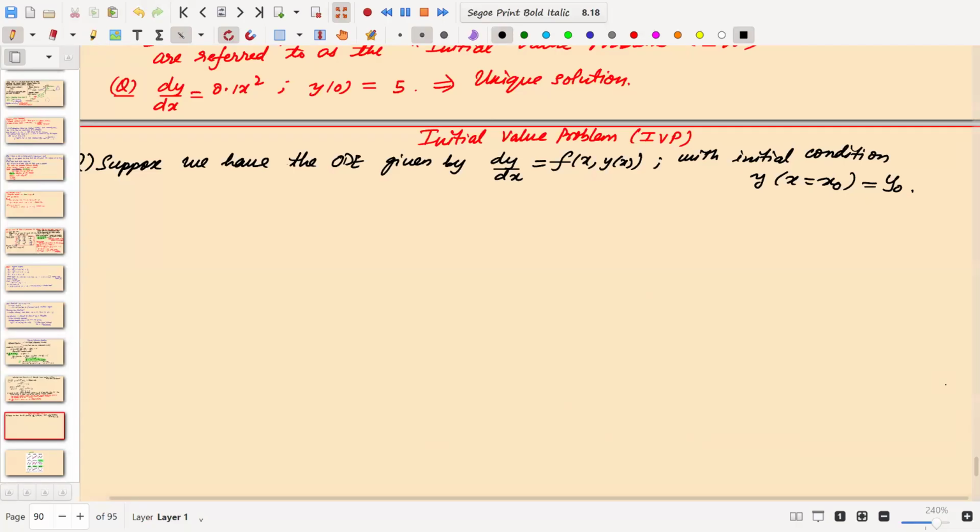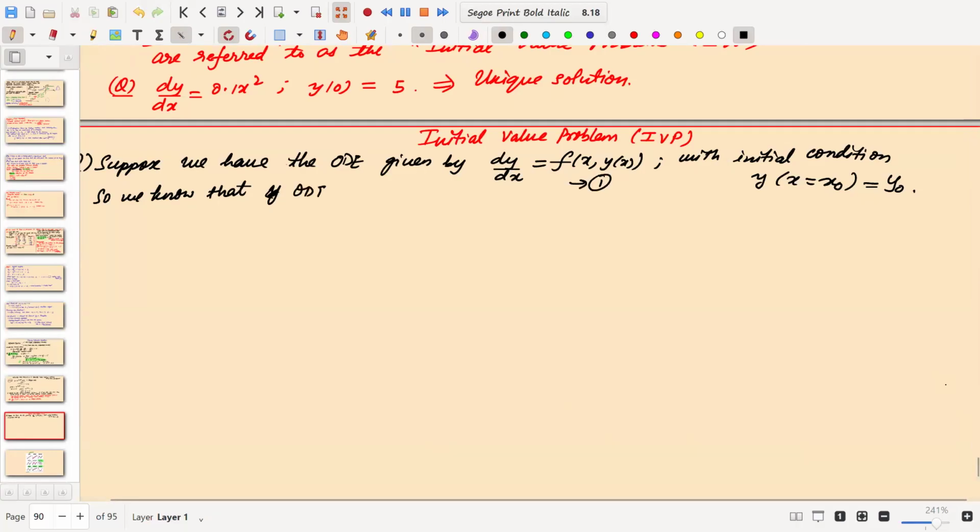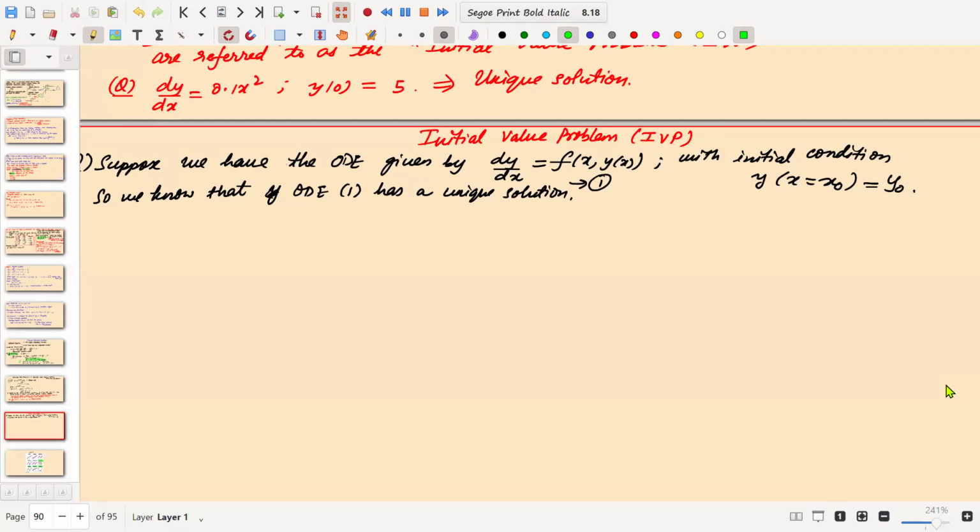So we know that this ODE 1 has a unique solution, isn't it? We know that already, right? Why do we have a unique solution? Because the initial condition is already given to you. Got the idea? Okay.